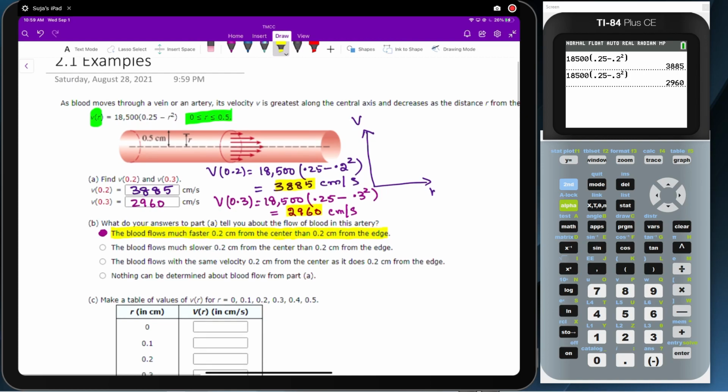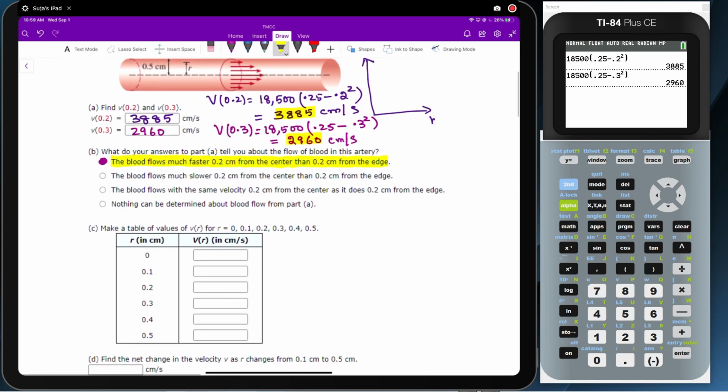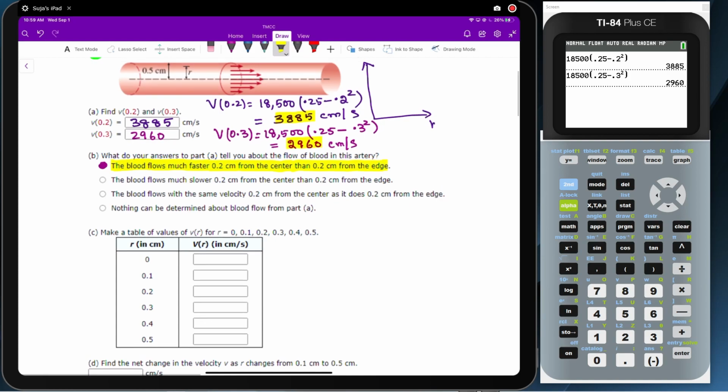Okay, the third part of the question is filling this table up. Now here I do have the two values already, so I know when it is 0.2, and I also know when it's 0.3. Because I already found that, I can use those values here. So this would be 3,885, and this would be 2,960.